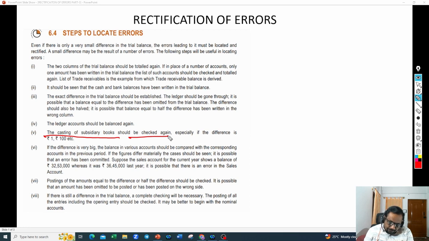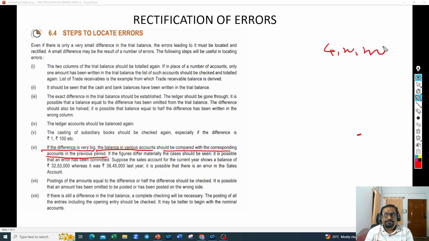Next, if the difference is very big, in case the debit and credit total difference is very big, the balances in various accounts should be compared with the corresponding accounts in the previous period. This is very important. For example, the current month sales are 4 lakhs. The previous month sales are 6 lakhs.